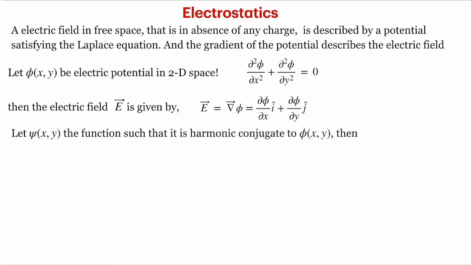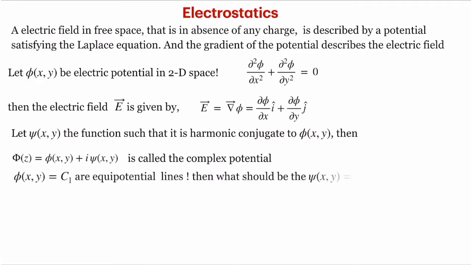You can construct a harmonic conjugate for the potential phi(x,y) that we call psi(x,y), and together they form a complex function which is analytic, which we call the complex potential. Given any physical potential which satisfies the Laplace equation, you construct a harmonic conjugate and then you construct the complex potential.